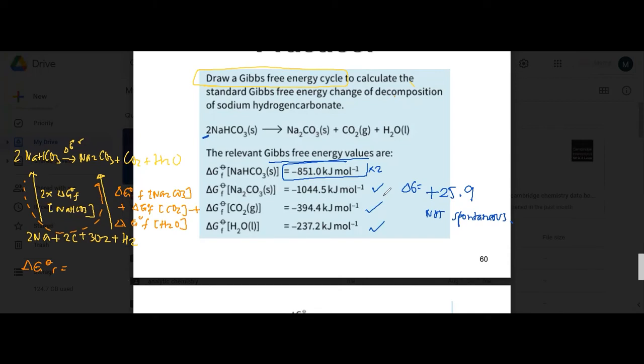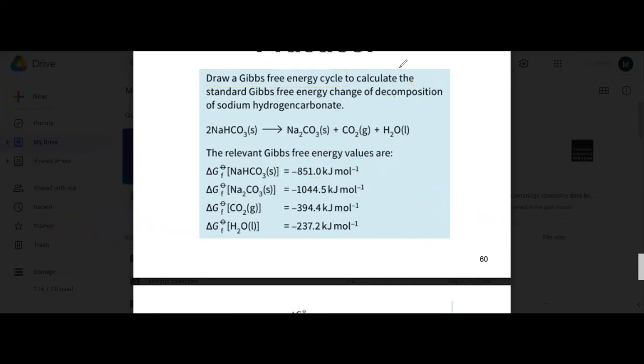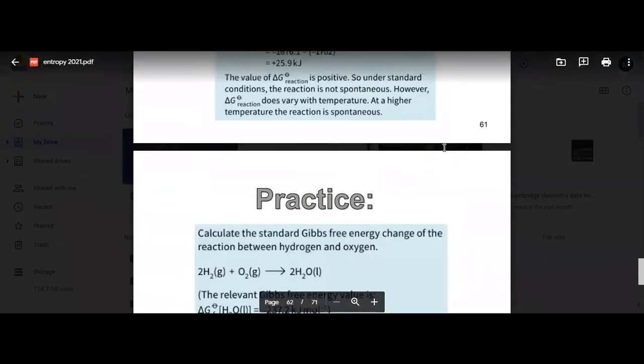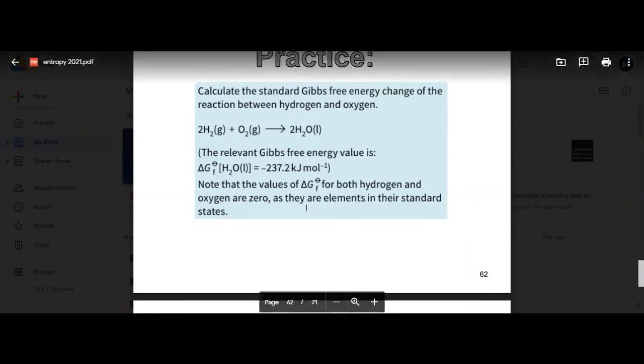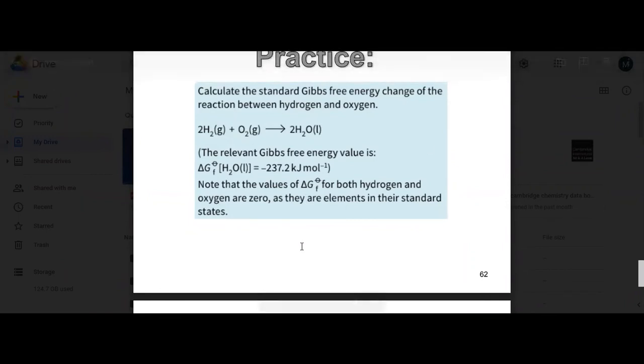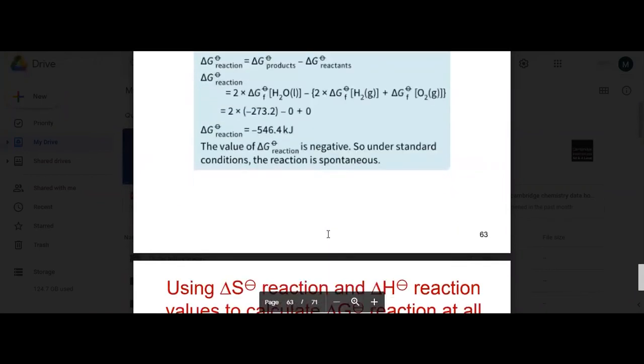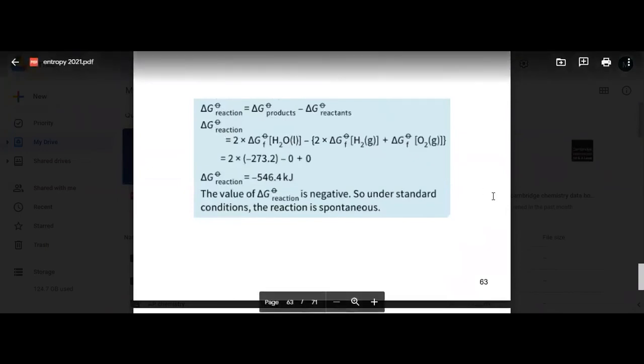You can choose which way is easier for you. Okay, this is the same, product minus reactant.